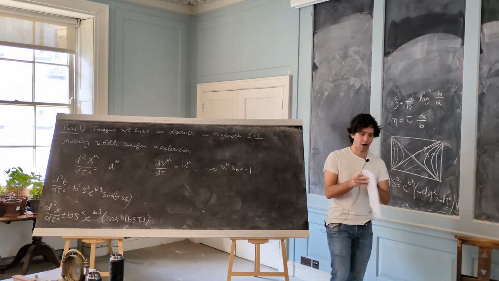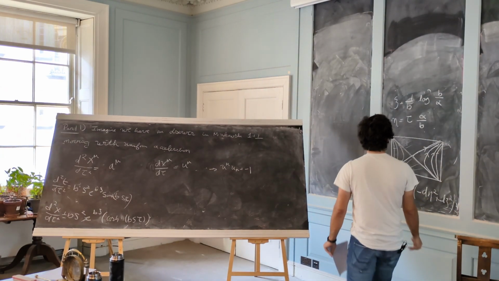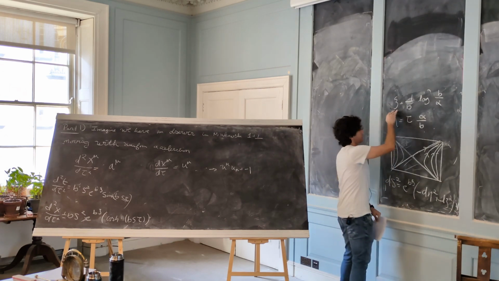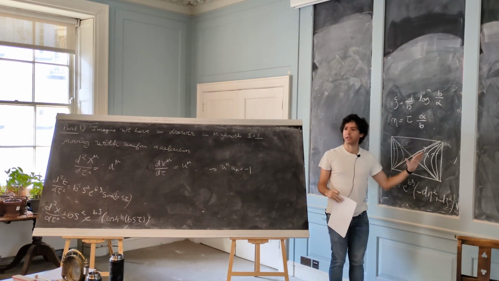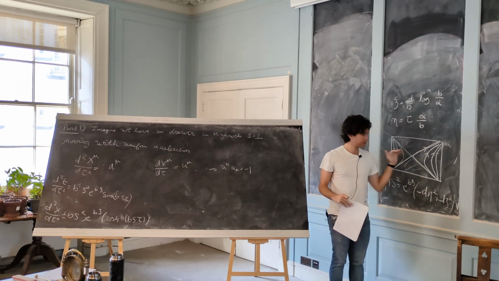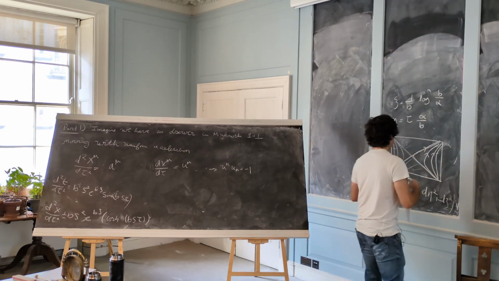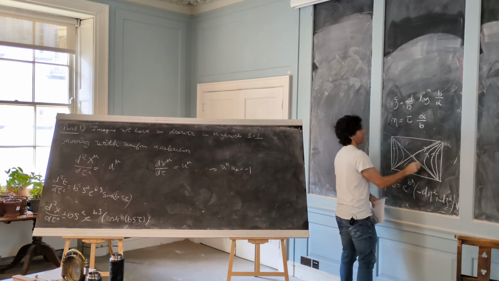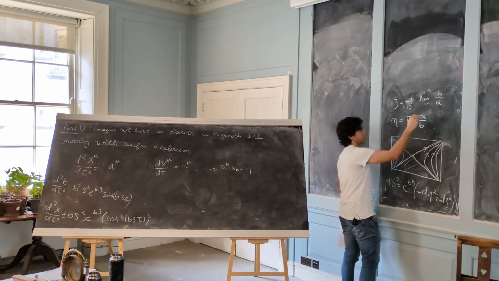Okay? All right. So as we were mentioning, these Xi and eta coordinates parameterize a family of accelerated observers. Each one of them has a different acceleration, but the observer at xi equals 0 has acceleration alpha.